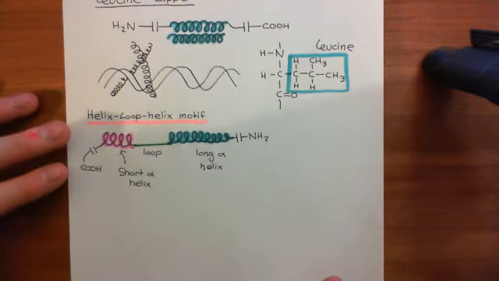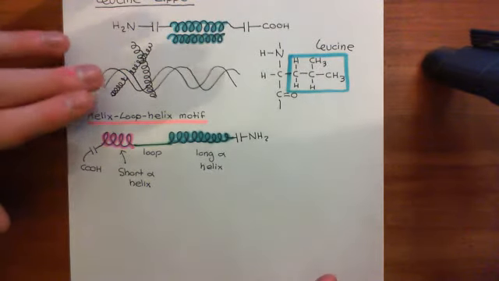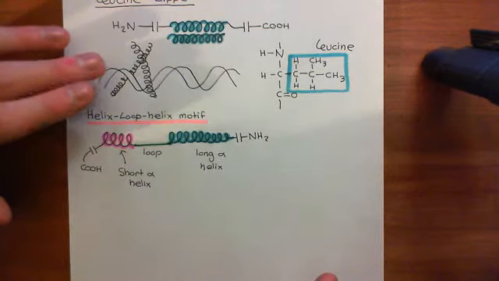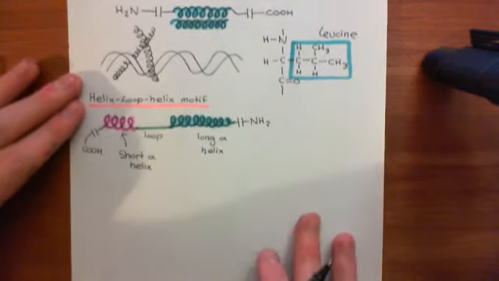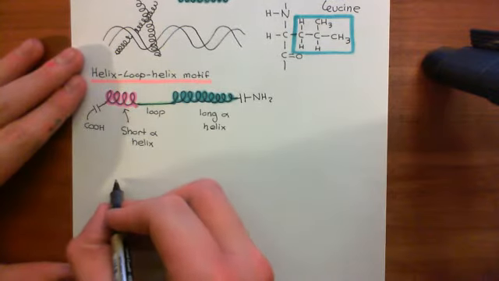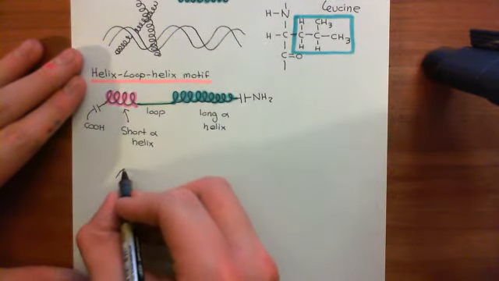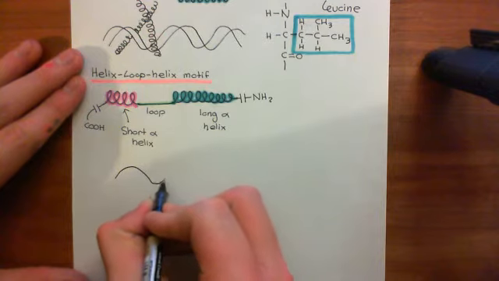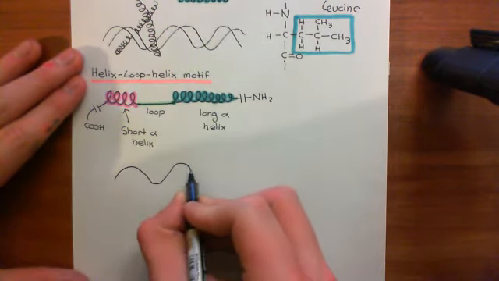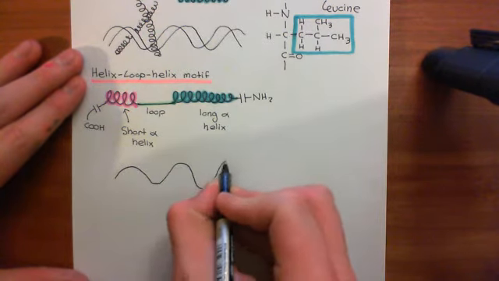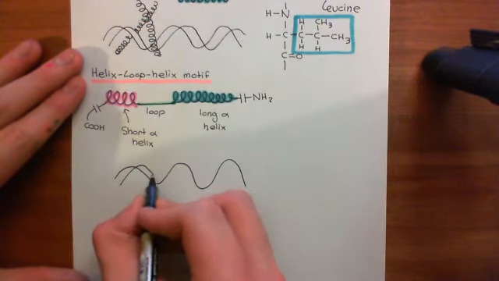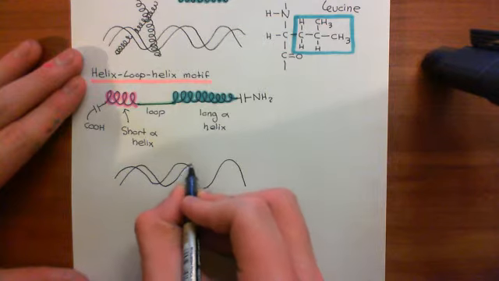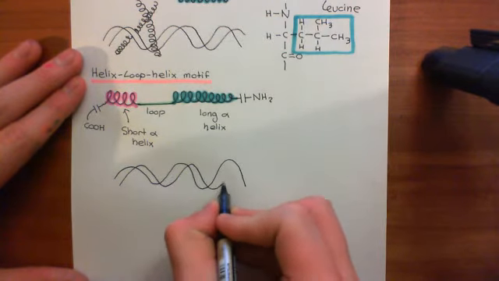Now these also dimerize, and they dimerize in a very similar way to the leucine zipper transcription factors. Okay, so once again we'll draw a DNA strand because I'll show the two helix-loop-helix motifs dimerized as they are bound to the DNA. Okay, so here is our DNA, like so.